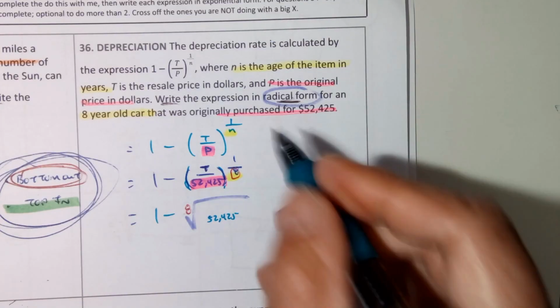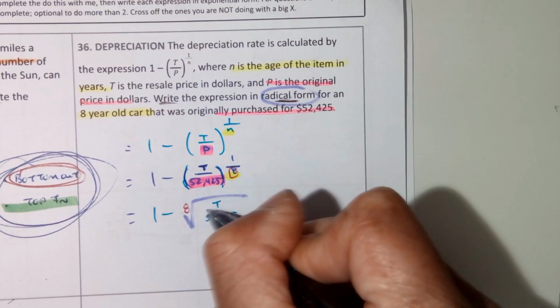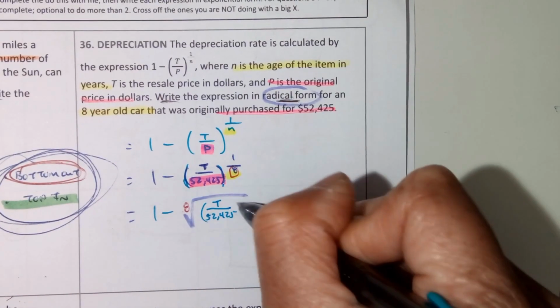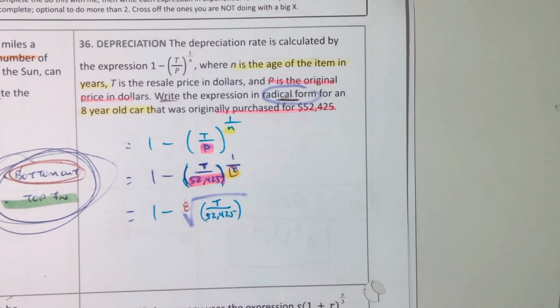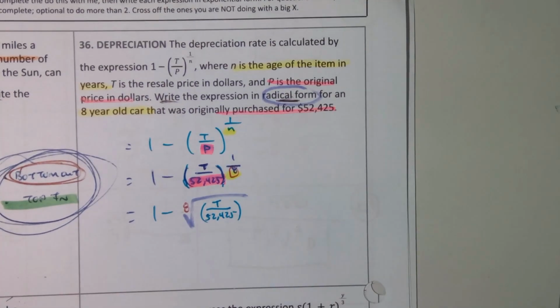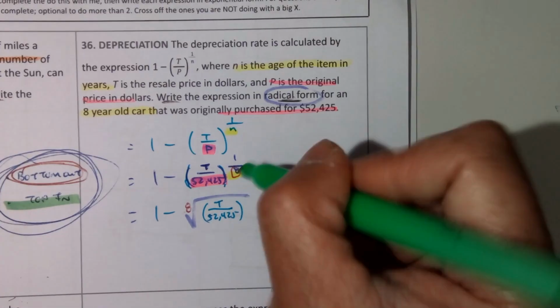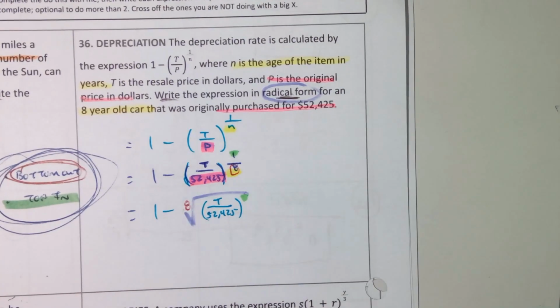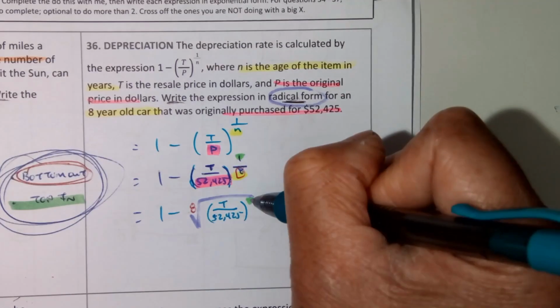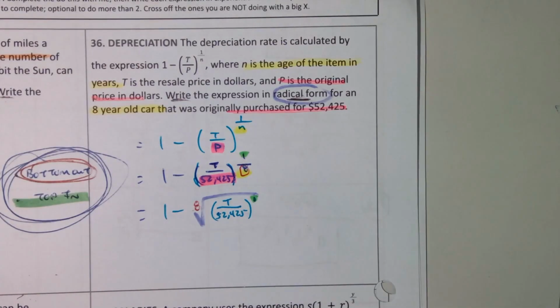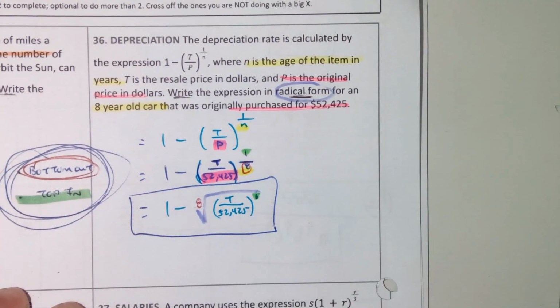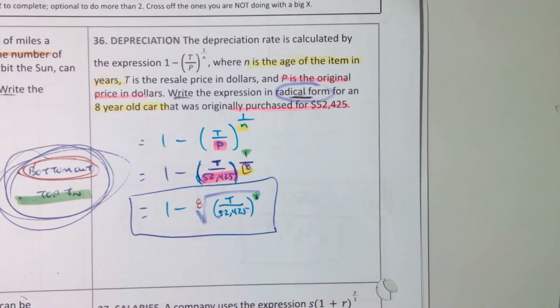And you just keep it as a blob, so let's just put T there, and then parentheses, doesn't change. And the top part of our fraction goes on the inside, so that's going to be a number 1. That'll be our answer, so let's box it. And you don't need the parentheses or 1.